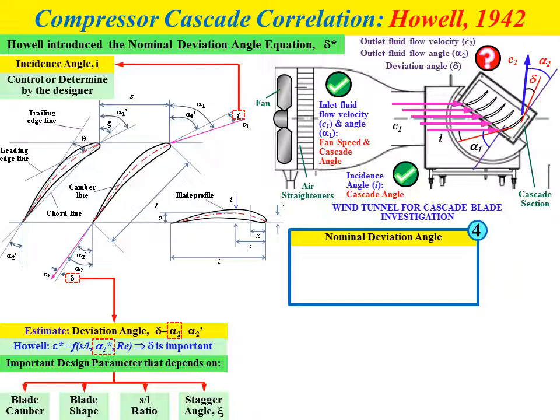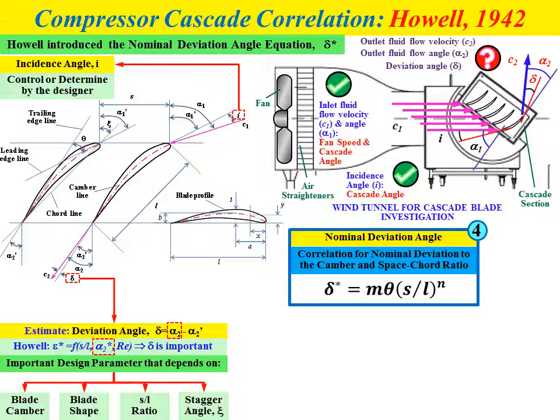For the nominal deviation angle, Howell suggests a correlation relating it to the camber and the space chord ratio, as shown in this equation, where nominal deviation angle delta star equals m multiplied by theta multiplied by bracket S over L to the power of n, where m refers to this equation.